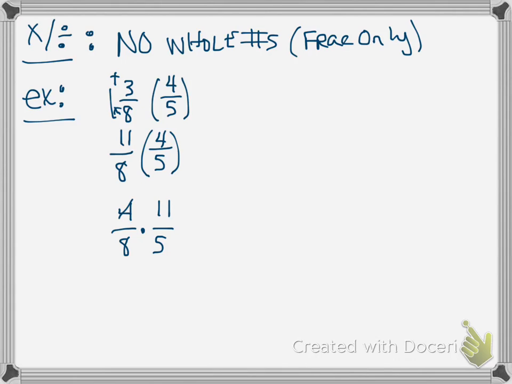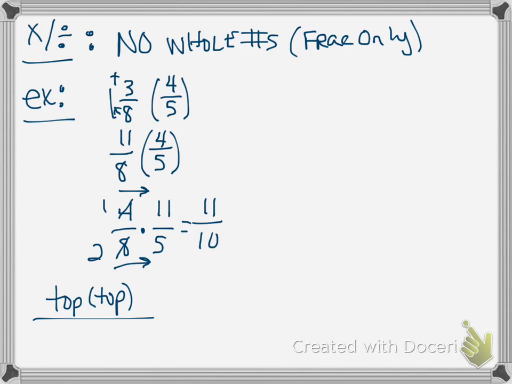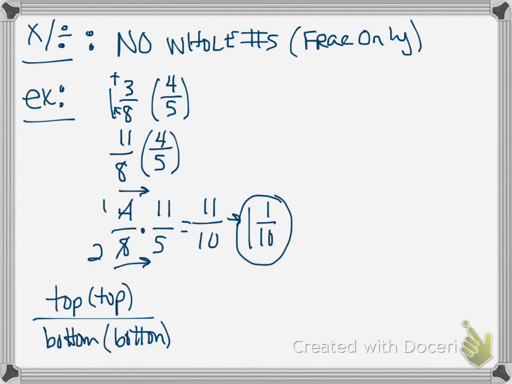You could, and you can see that this becomes a 1 and a 2. Remember, when we multiply, we do top times top, bottom times bottom. Always. If you can reduce before you multiply, it's going to make things a lot easier. This is 11/10, which we know is 1 whole and 1/10 left over.